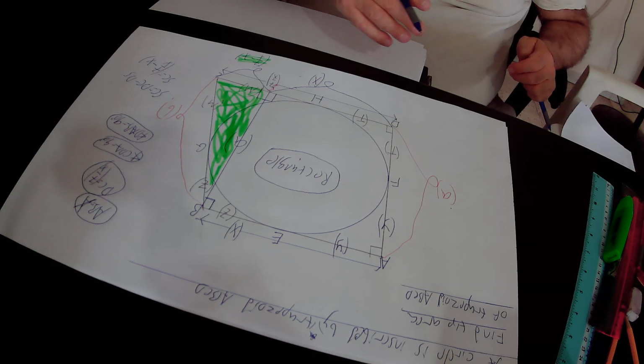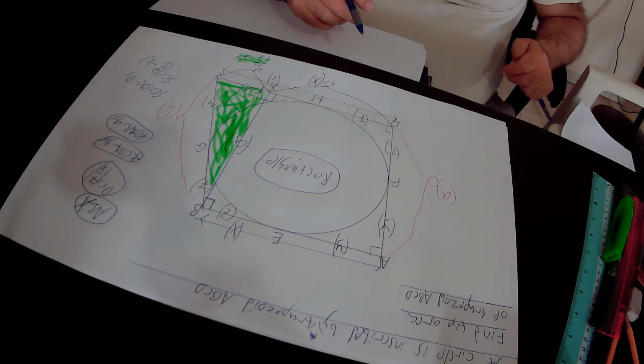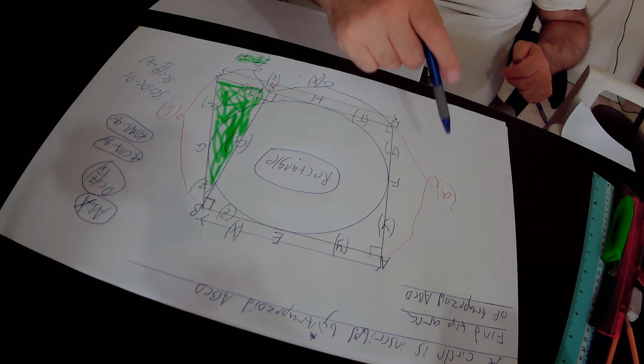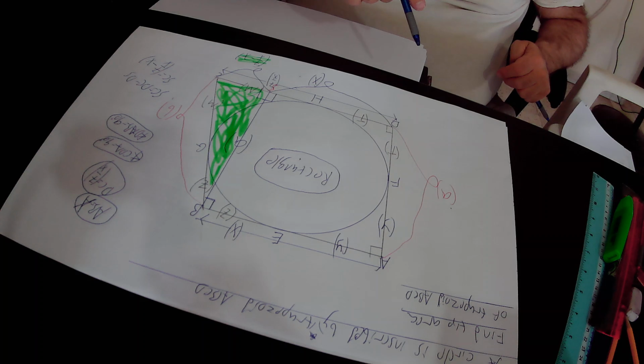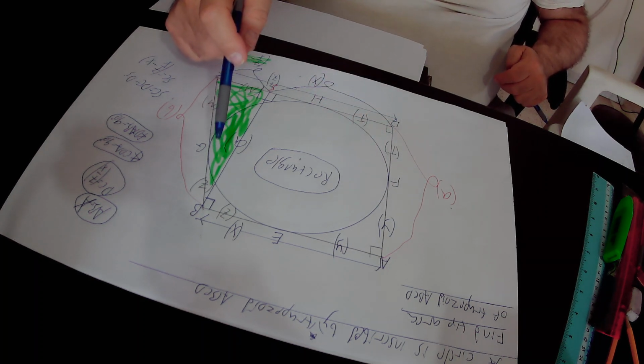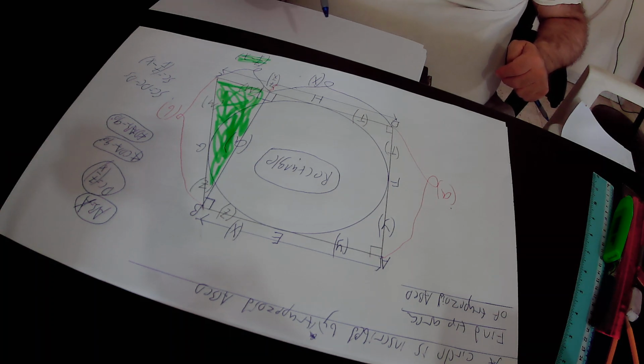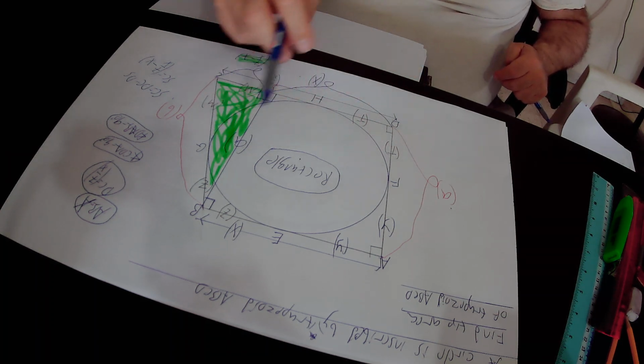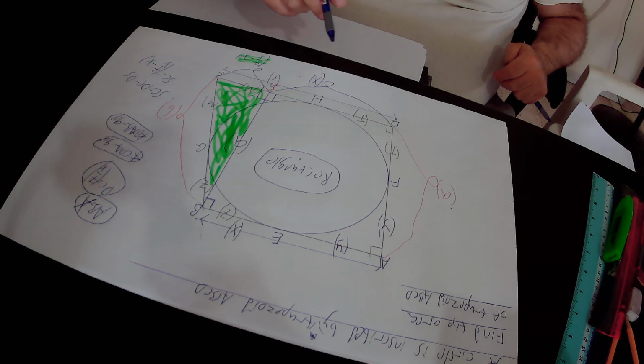And the 2 bases must be parallel to each other. In this trapezoid ABCD, side AD is definitely not parallel to side BC. Now we prove that side AB is parallel to the opposite side DC.